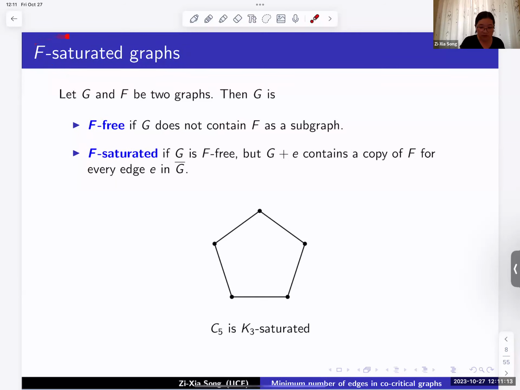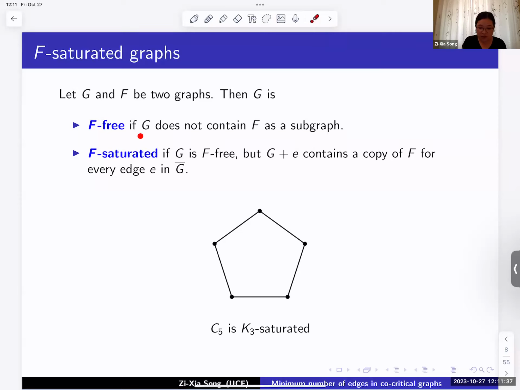Now this topic was extensively studied, I think, back in the 70s and 80s. Many researchers did work on saturated graphs. So the definition I gave you for co-critical graphs reminds you of saturation, right? So what do we mean by a graph G is F-saturated?